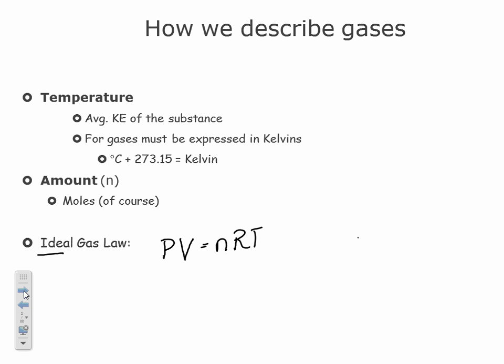So what we looked at in laboratory was how pressure was related. So I'm just going to rearrange this equation with pressure. And pressure is equal to nRT divided by V. n being the amount of the gas. R is something called the universal gas constant.